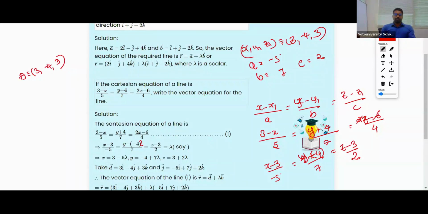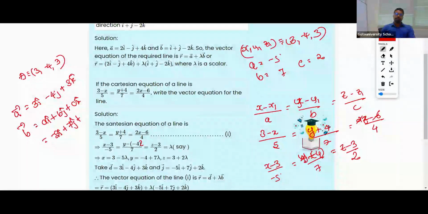Then vector A will become 3i minus 4j plus 3k, whereas the given vector b will be ai plus bj plus ck. So the b we have got is minus 5i plus 7j plus 2k. Are we right? So our equation of the line is A plus lambda b.